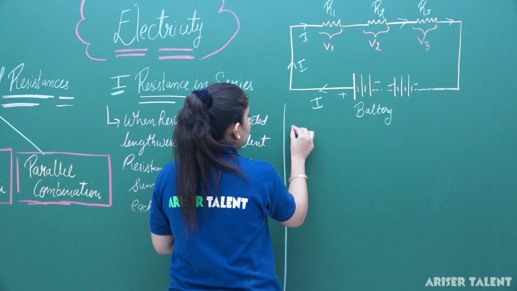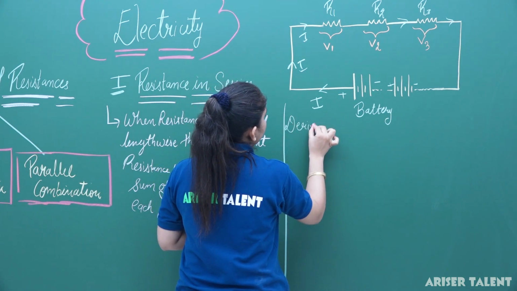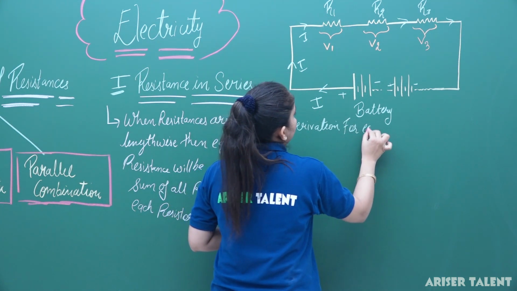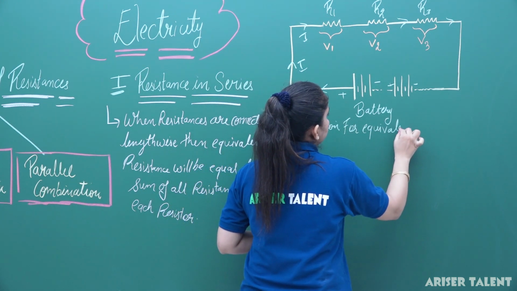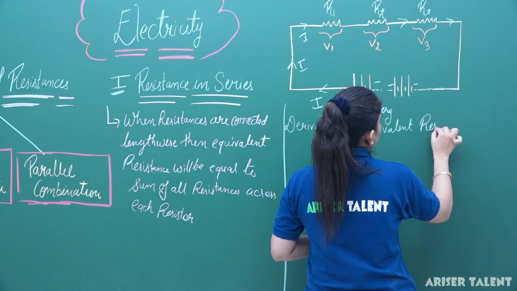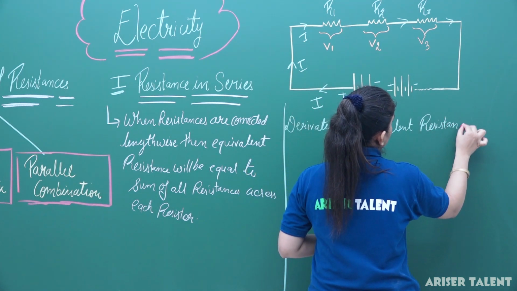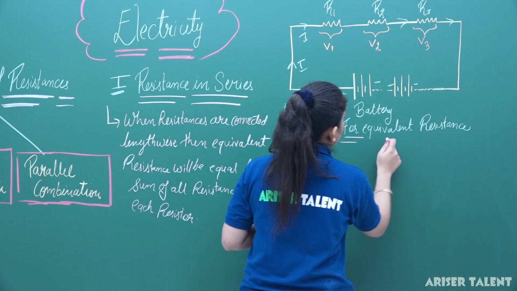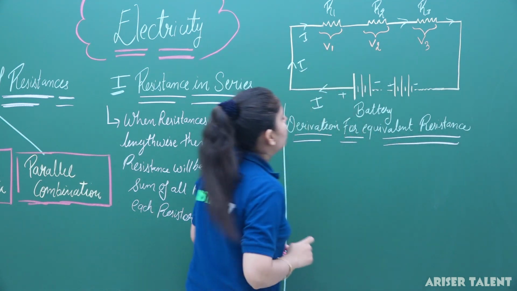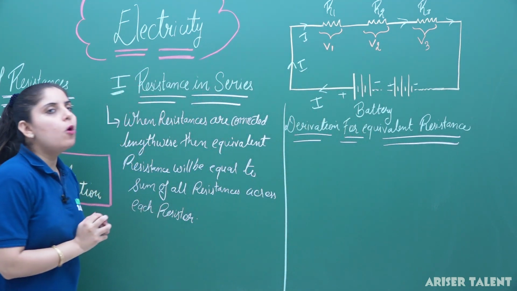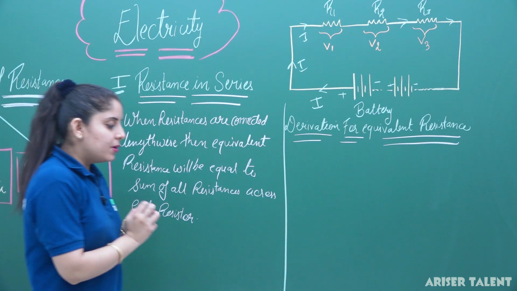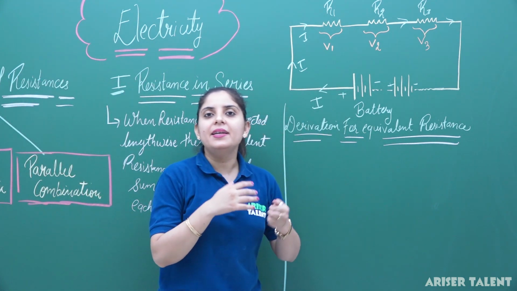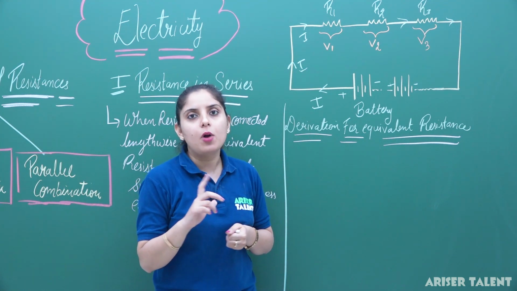Derivation for equivalent resistance. From Ohm's law, we know that voltage and current are dependent on each other, and from that we get V equal to IR.